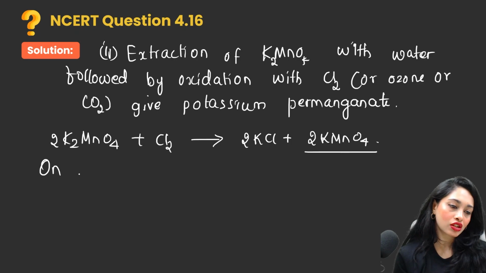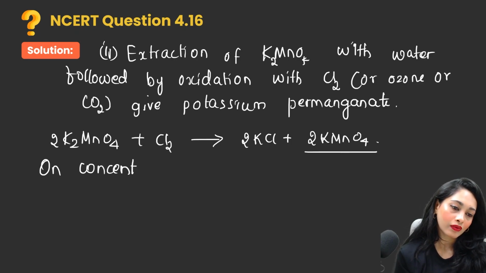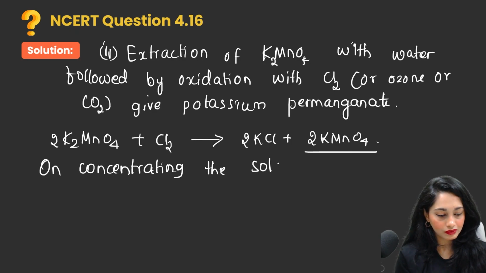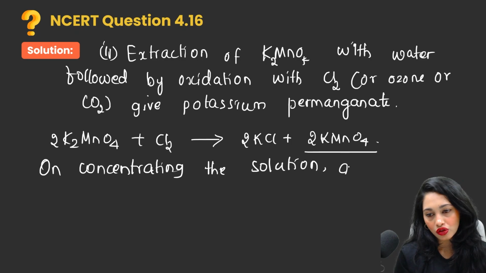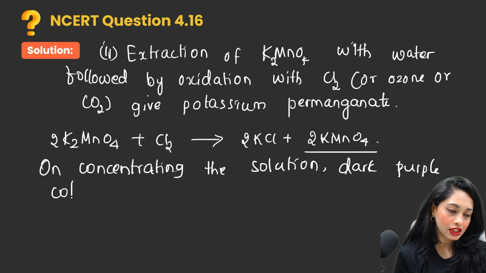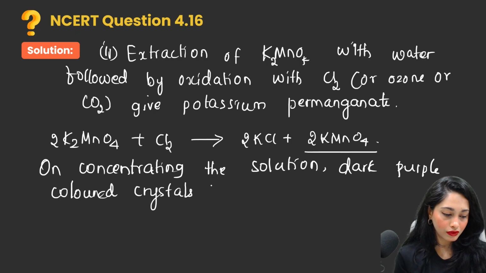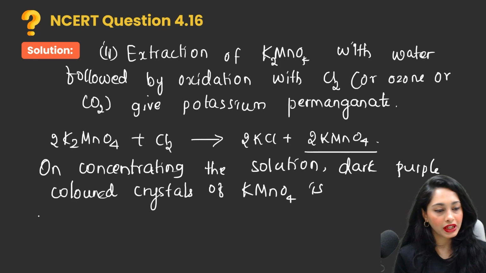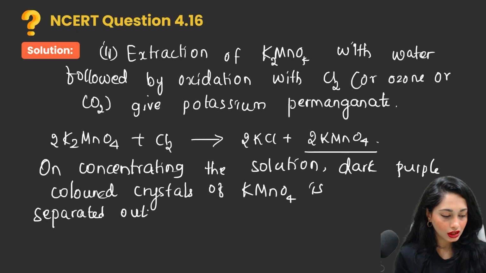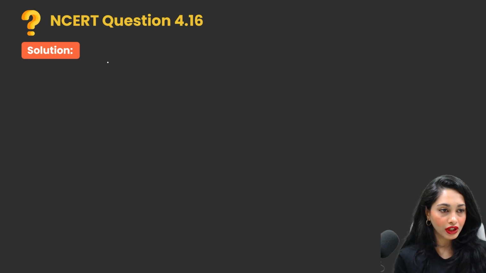On concentrating this solution, dark purple colored crystals of potassium permanganate are separated out. Okay, moving forward.